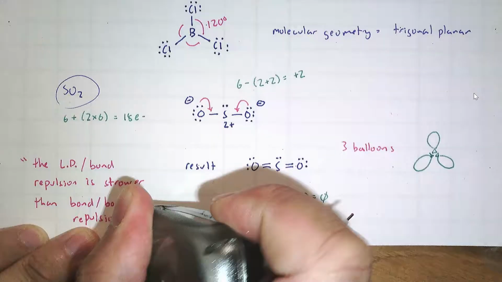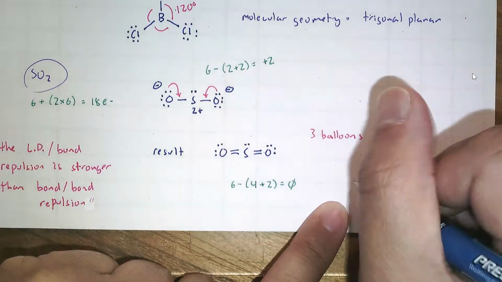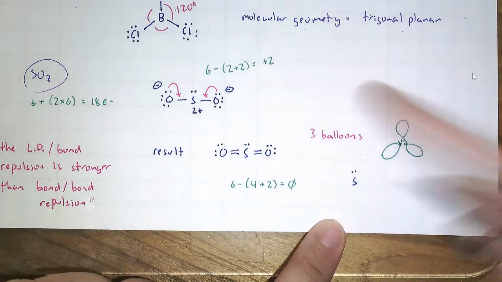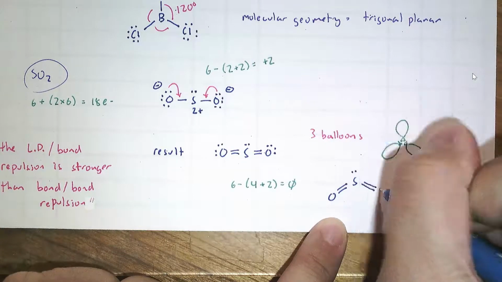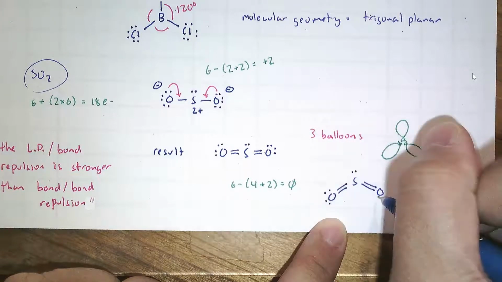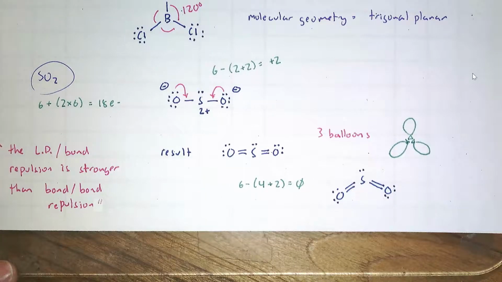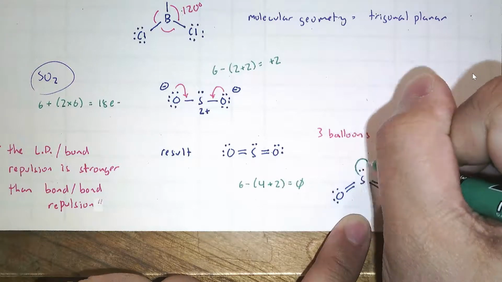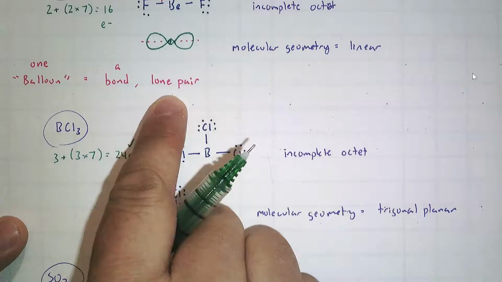And because I'm going to draw it like the balloons, I'll have a lone pair up here, and oxygen to the bottom left, oxygen to the bottom right. Fill in your lone pairs, because what am I trying to show? I am going to draw a little lobe encapsulating the lone pair, because we're going to know it as a balloon as well.